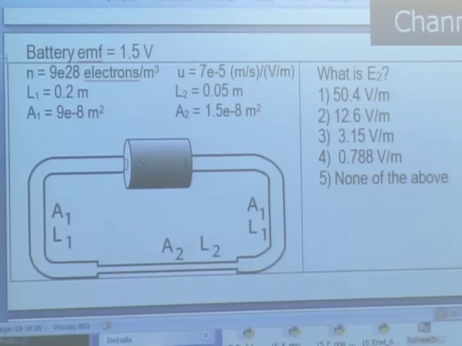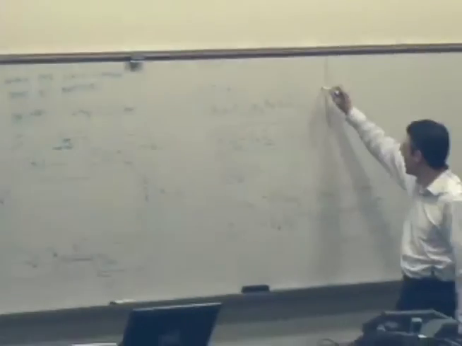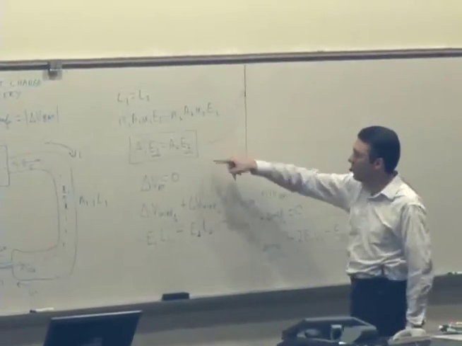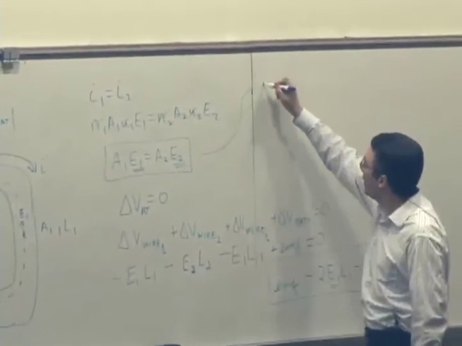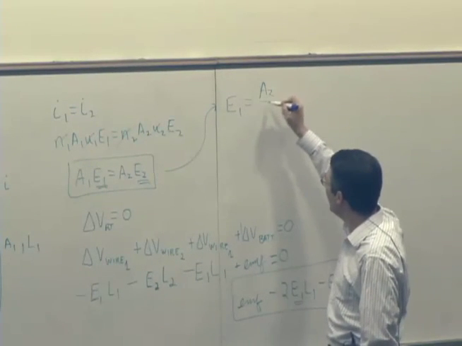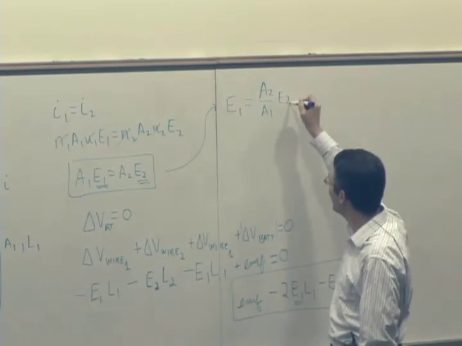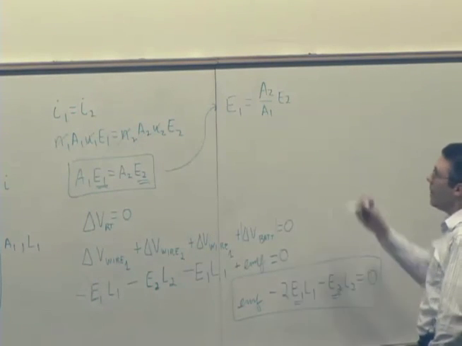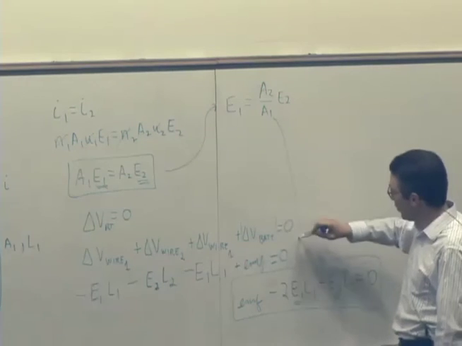We want to find E2, right? So I'm just going to do a substitution. I'm going to take this equation, solve for E1. So it gives me A2 over A1 times E2. And then I'm going to plug the result into equation number 2, right?